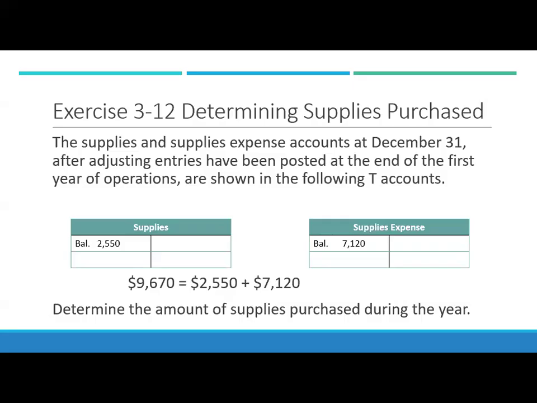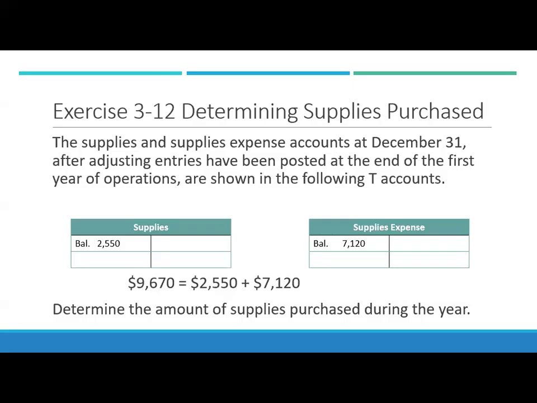If we had a higher beginning balance, that means that fewer supplies were purchased. So there's a direct relationship there in the algebra of these accounts. If one of these numbers changes, something else has to change, because it's an algebraic formula: beginning plus purchases minus expense gets to our ending balance.